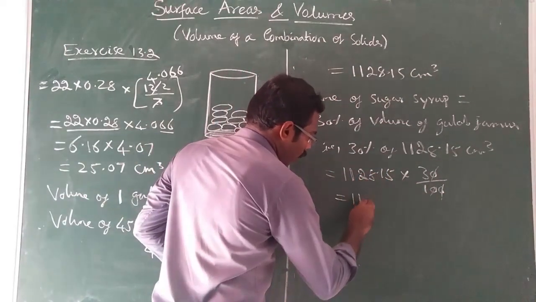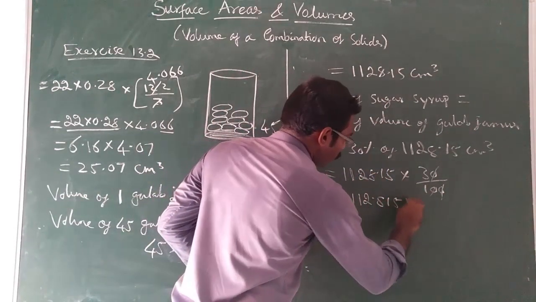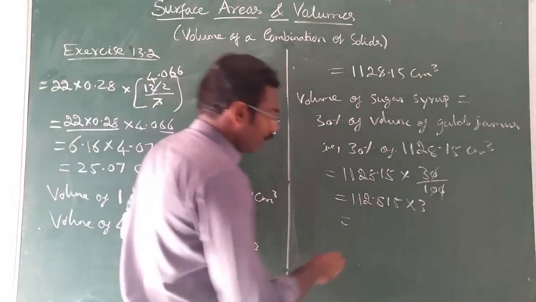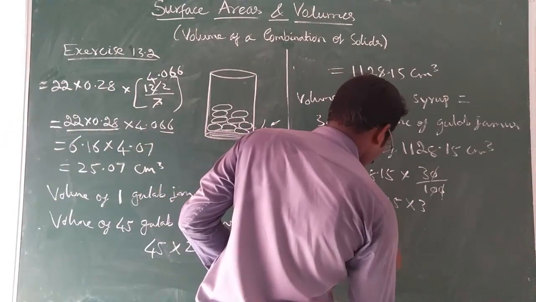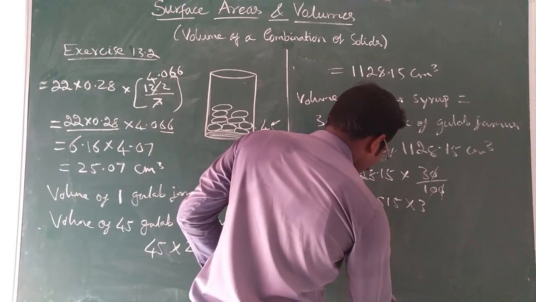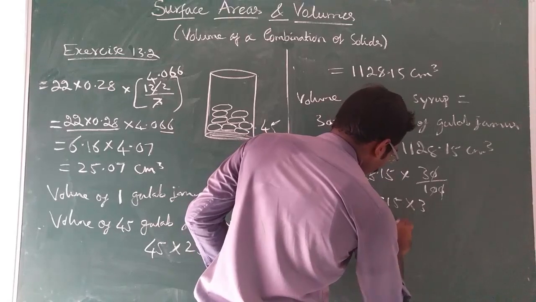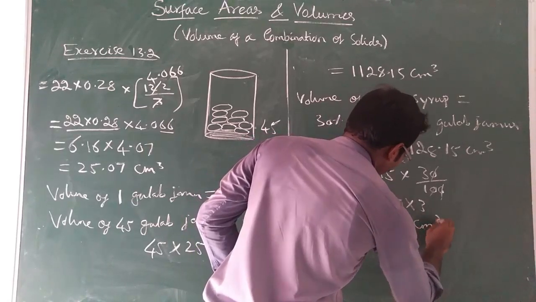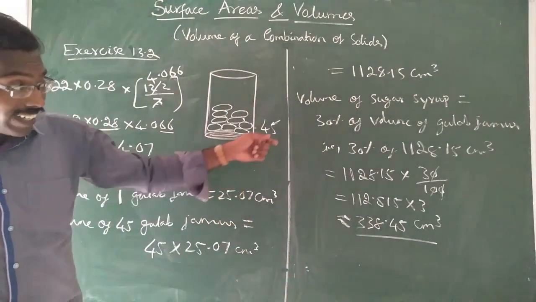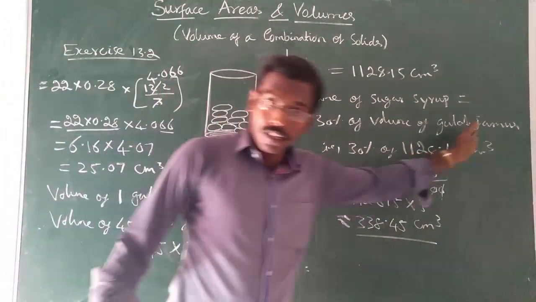Okay, so now cancel this 0 with 0, so that one digit will come here. So 112.815 into 3. If you multiply this, you will get the answer 338.45 centimeter cube approximately. I am doing it directly, but I wish you to multiply on the side.